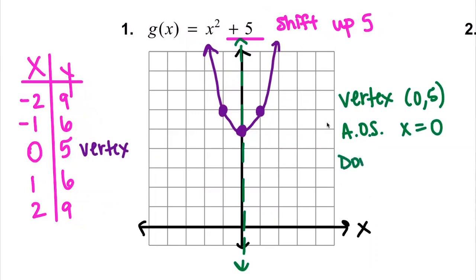When we talk about domain and range, the domain for a quadratic function is always going to be all real numbers, but the range is going to change. Since this got shifted up 5, I only have y values up here when we're greater than or equal to 5. I have y values from 5 and above.